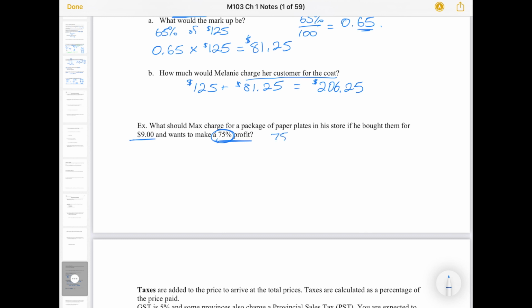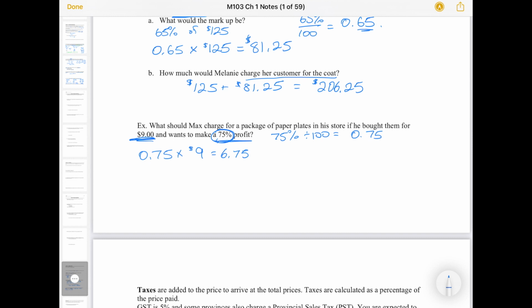Well, 75% divided by 100, that's 0.75. So I'm going to have 0.75 times my $9, and that will be $6.75.